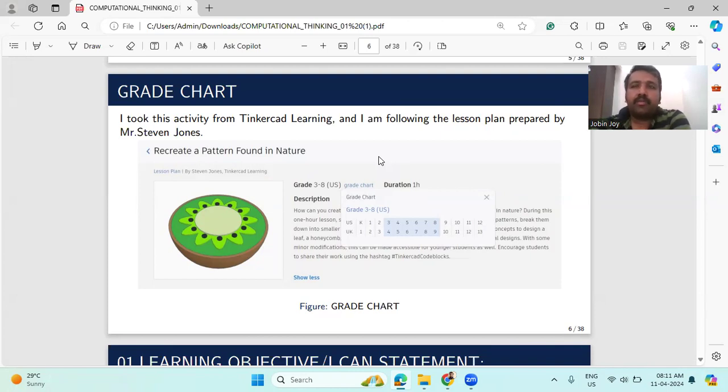It is mandatory to learn computational thinking from grade 3 to grade 8 for US children, and from grade 4 to grade 9 for students in the UK. So this is a great chart for US and UK children.